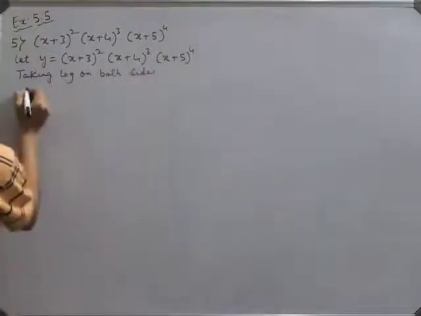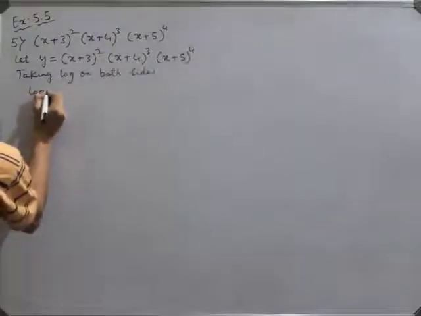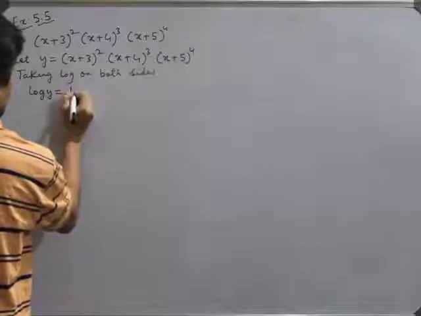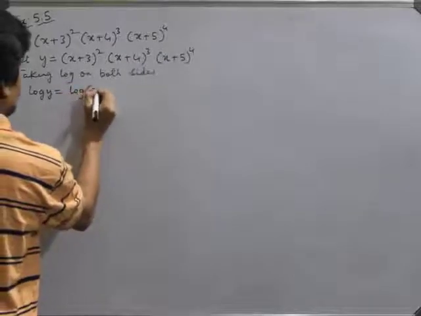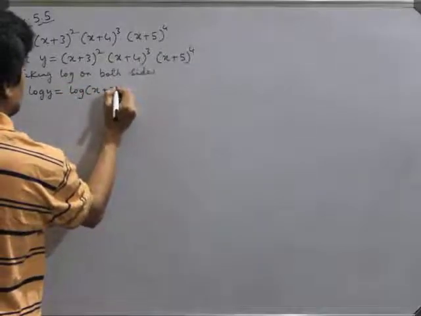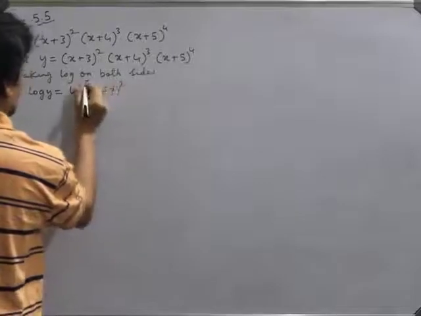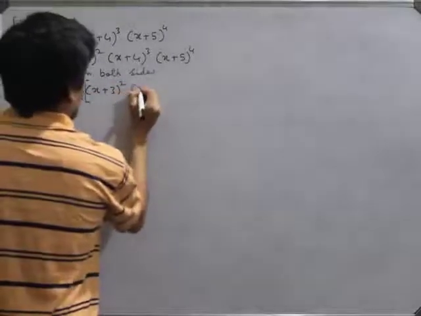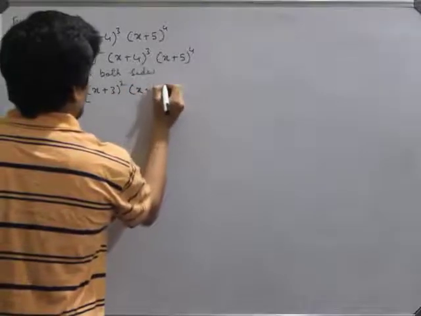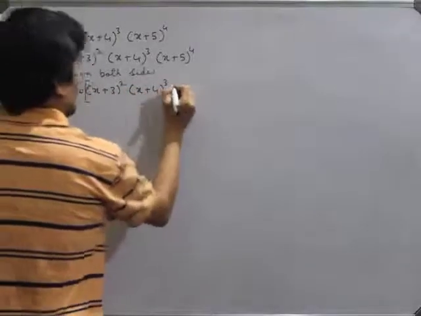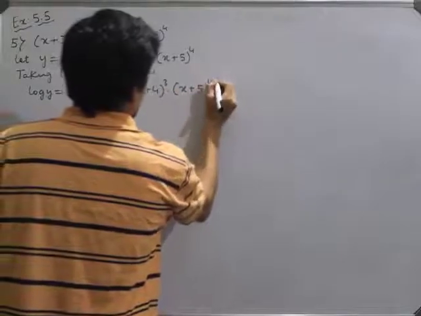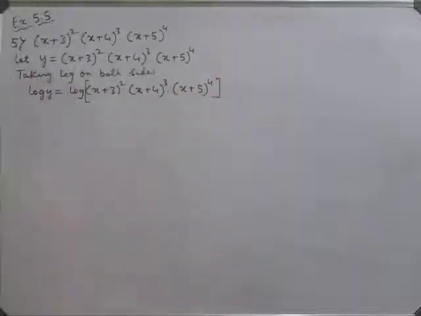Taking log on both sides, this will become log y is equal to, apply log for the entire term, log of x plus 3 whole square, so here I will put a square bracket, into x plus 4 whole cube into x plus 5 to the power of 4.